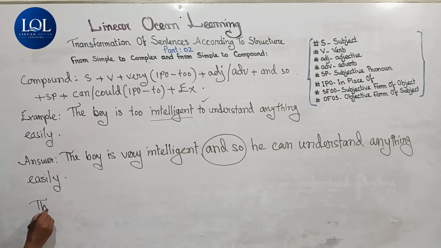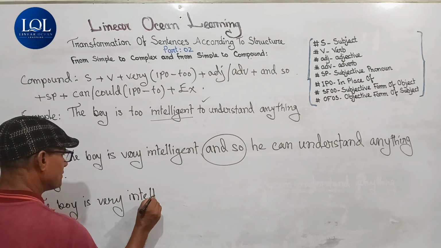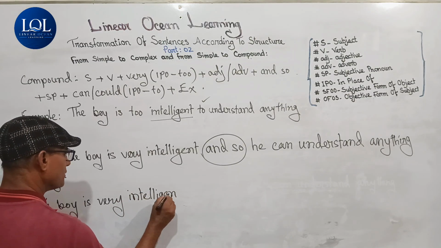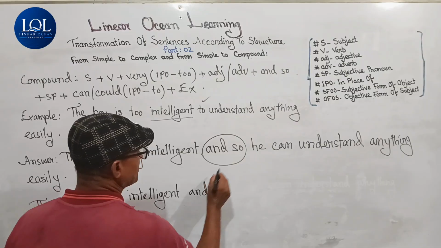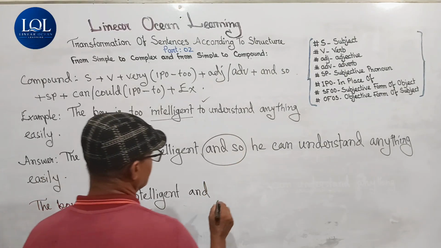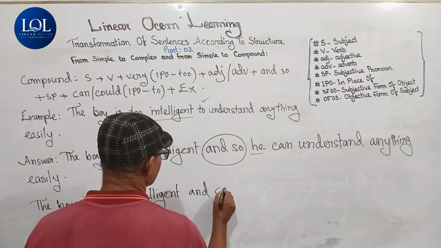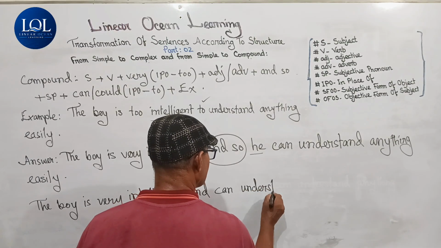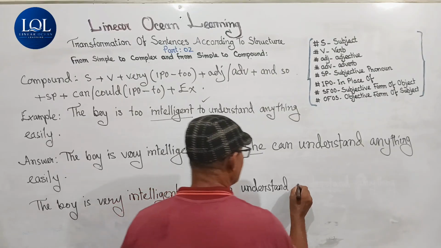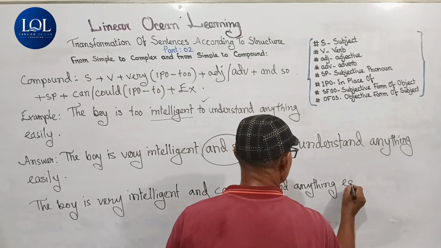The boy is very intelligent and, in place of "and so" we can write "and", but we cannot put the subjective pronoun here. And can understand anything easily.